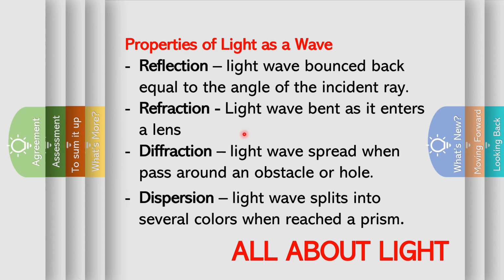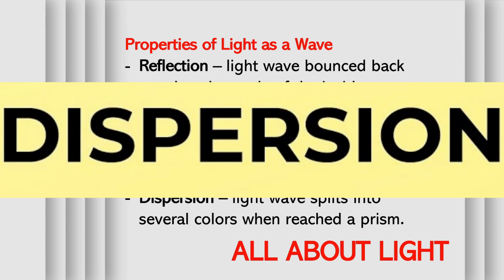Next, dispersion. Prism. Halimbawa, this is one good example. I don't know if you have already noticed that if sunlight passes through an object, kung minsan, glass, halimbawa, baso or bote ng soft drinks, kung minsan, makikita nyo yung bounce ng light as a rainbow. Okay? Kasi nagkakaroon po ng dispersion.